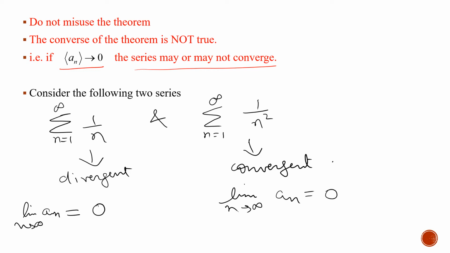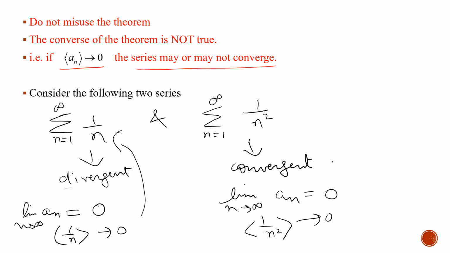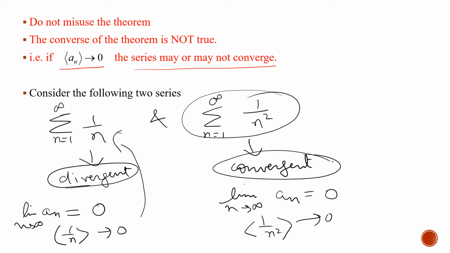So in both cases the sequence, that is 1 by n, is tending towards 0, that is, the limit of the sequence is 0, but this series is divergent. However, this series is convergent. So an important note about the previous theorem is that the converse is not true. So keep this in mind.